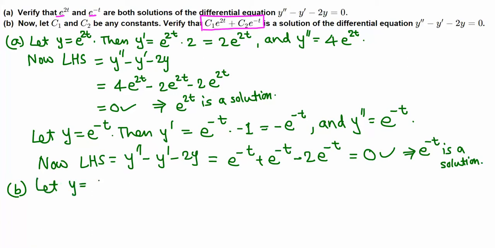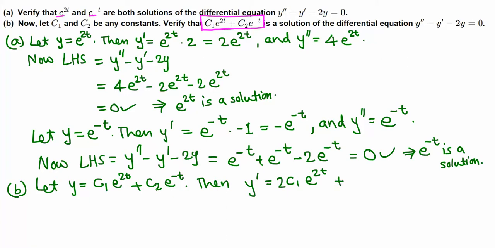Let y be c1 e to the 2t plus c2 e to the negative t. To plug this into the left hand side of the differential equation, we need to find y prime and y double prime. First derivative: c1 is constant, just c1. For e raised to 2t, the derivative is e raised to 2t times the derivative of 2t, 2. Plus c2 e raised to negative t itself times the derivative of negative t, which is negative 1.